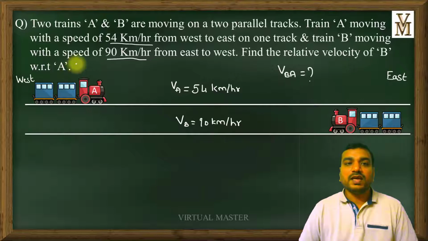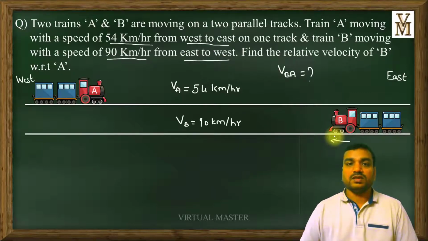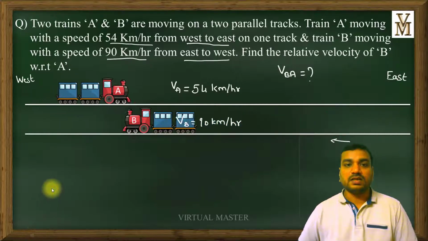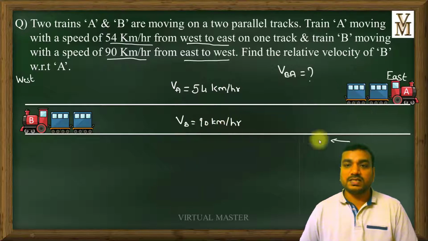Train A is moving from west to east direction, that is from this direction to this direction, and train B is moving from east to west direction, that is, it is moving in this direction. You can see here train A is moving from west to east, whereas train B is moving from east to west, and the speeds are given.